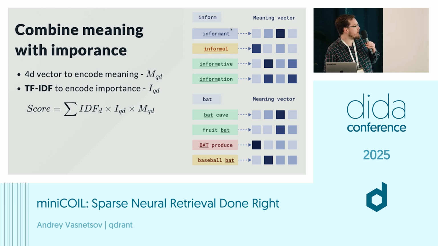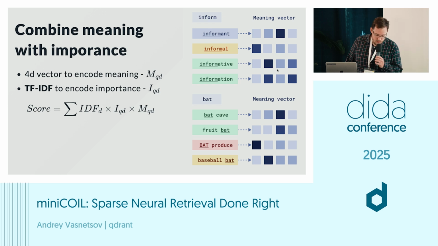You see the different meanings of the stem inform are associated with different values of the vector. So if those meanings are similar, similar IDs inside this vector are activated, right? And same for the bat. If you have this, you can distinguish different meanings of the same word.